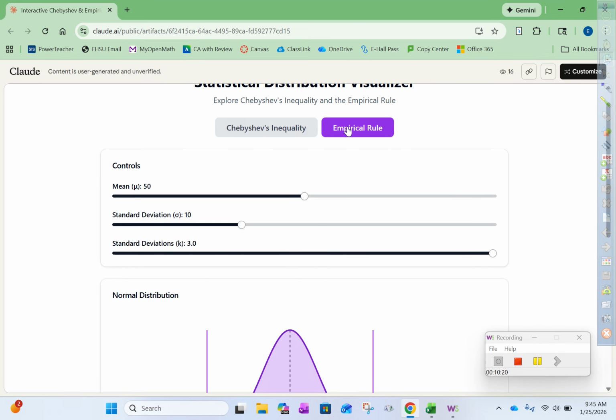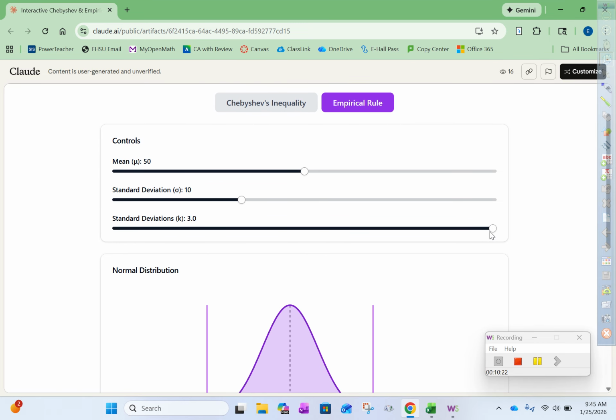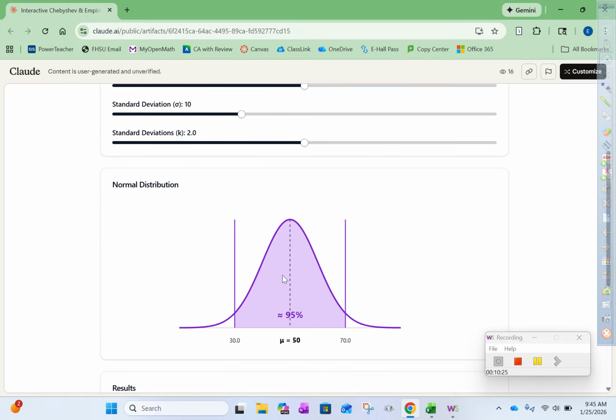Okay, so it's much more. And then if I change it to 2 standard deviations, okay, that's my 95%, way more than that 75% that it was with the other rule. So normal distributions are going to have a lot more power when we calculate those proportions.